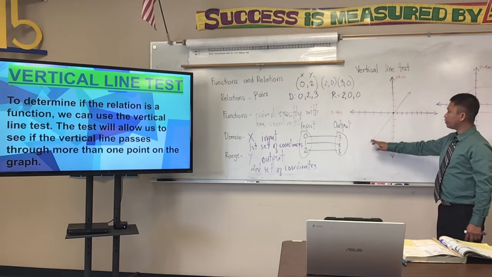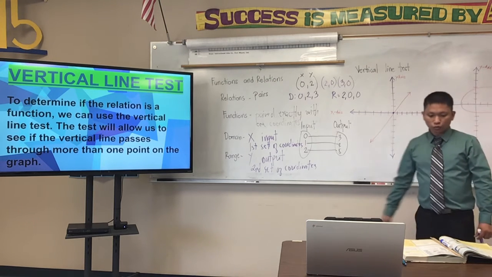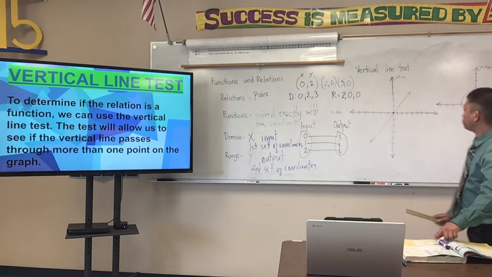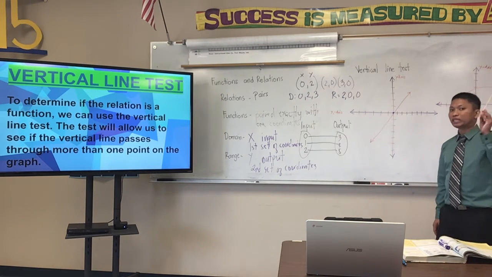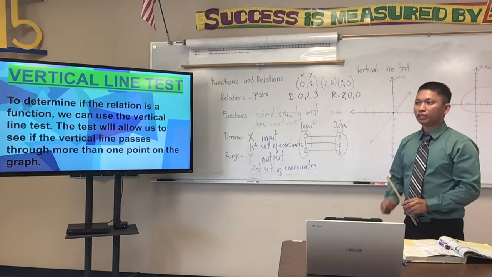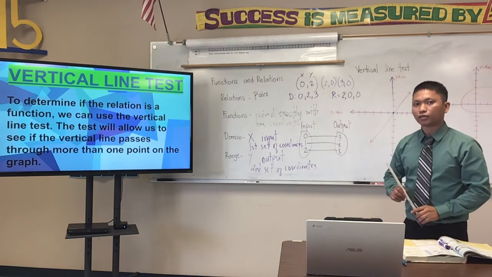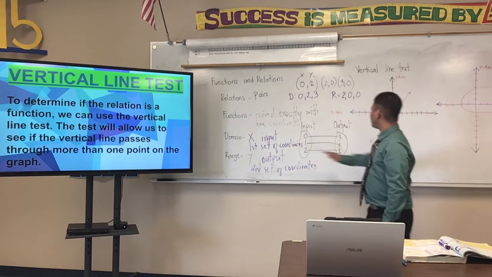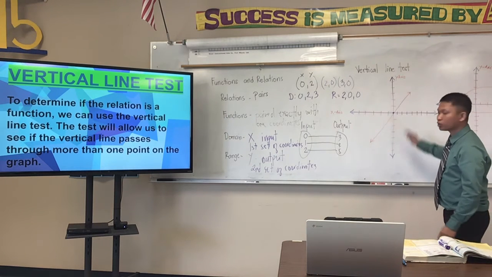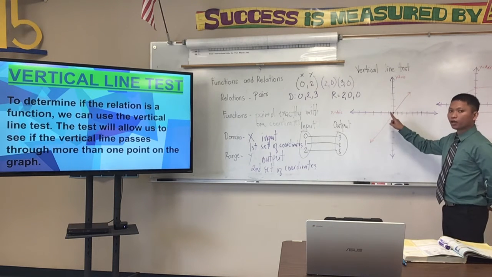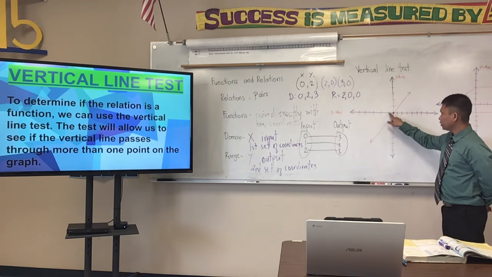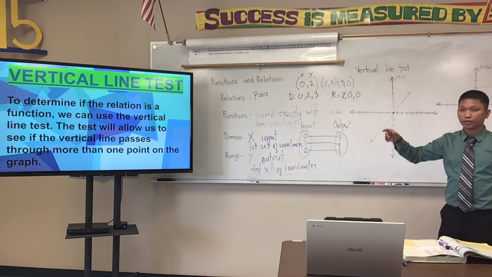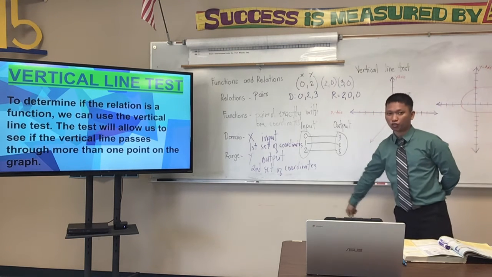As you can see, we have a straight line. This graph is a relation, because we can locate this point as (-1, 1). So we can have a pair. So this is an example of a relation.